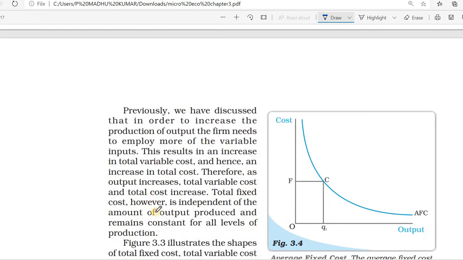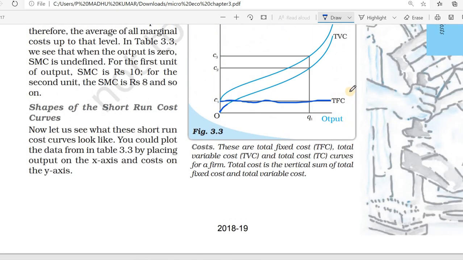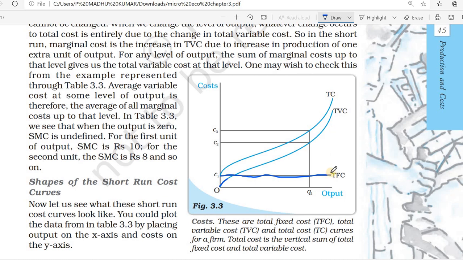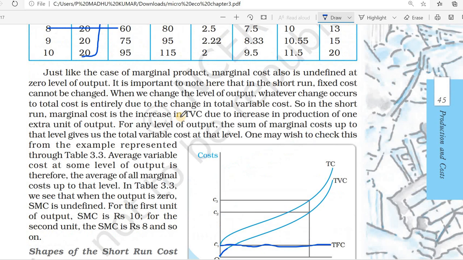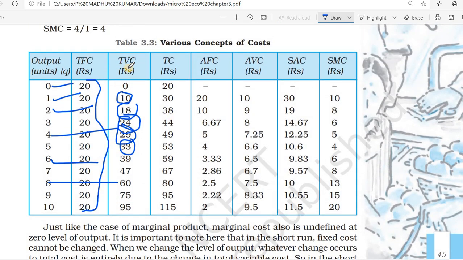Here you can see total variable cost is increasing and total fixed cost is a straight line, and total cost is the vertical sum of the total fixed cost and total variable cost. When we add these two, we will get the total cost.